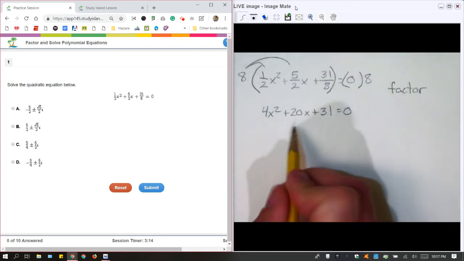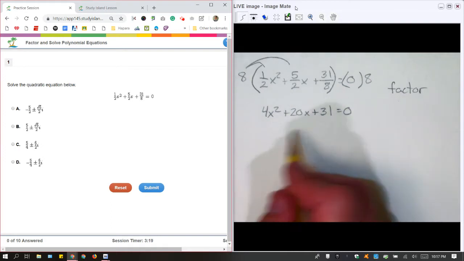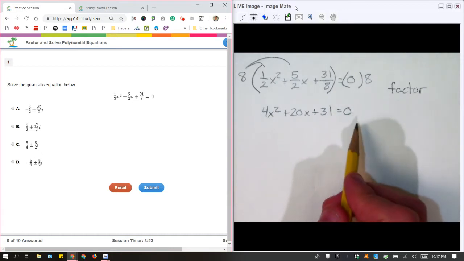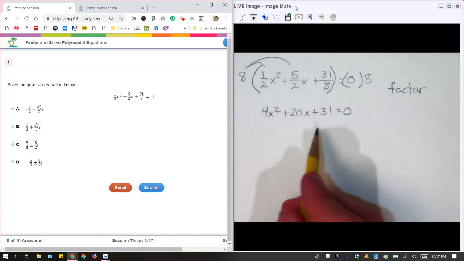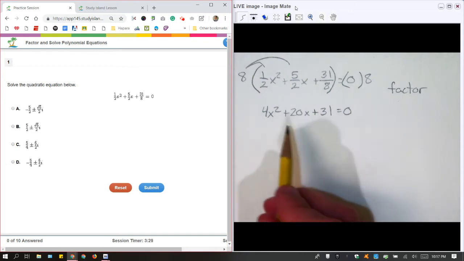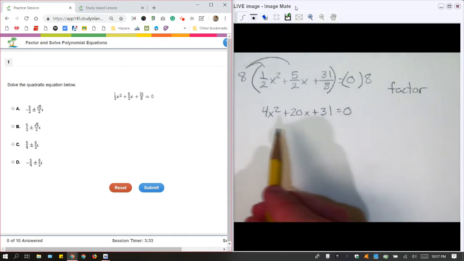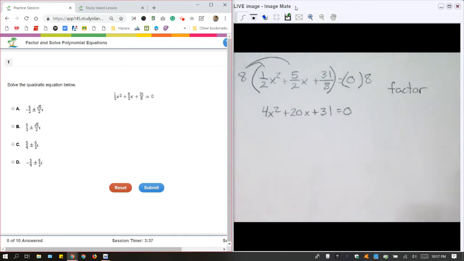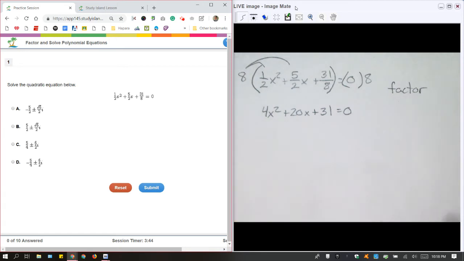We can factor this trinomial into the product of two binomials, and then if the product of two binomials is 0, then the solution is whatever makes each one of those binomials worth 0. Because if we have the product of two binomials equal to 0, that means one of them must be 0. In other words, if I'm multiplying together two things and the answer is 0, one of the two things I'm multiplying has to be 0. So if I can factor this into the product of two binomials, that will help me solve it.